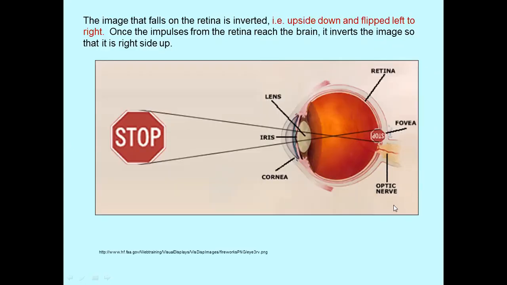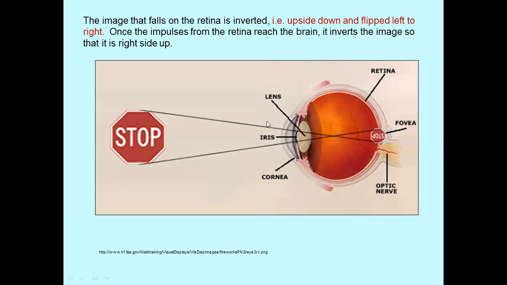Now, it's quite interesting because lots of experiments have been done on this. Researchers have done experiments where they put a lens in front of the eye that actually flips from left to right and inverts light rays before they enter the eye.